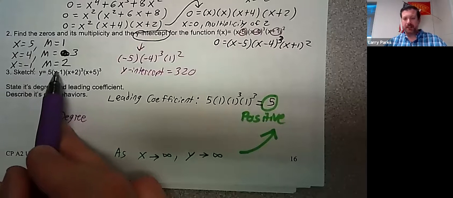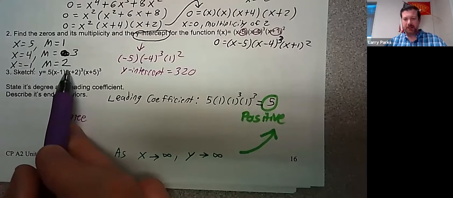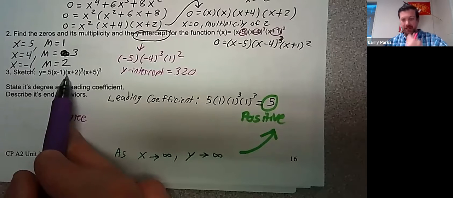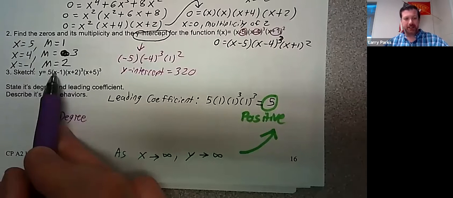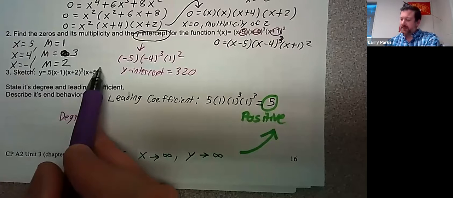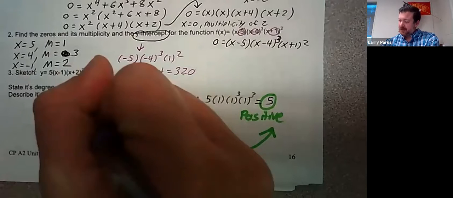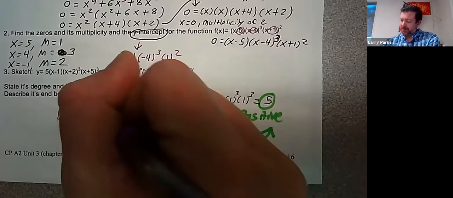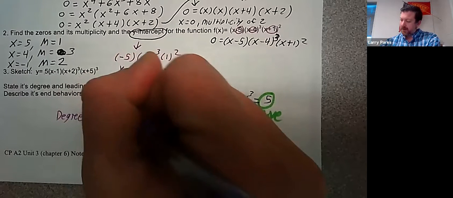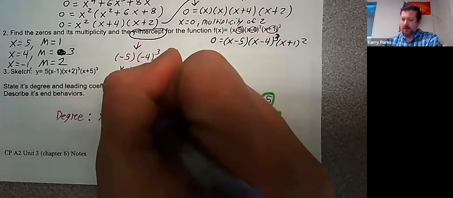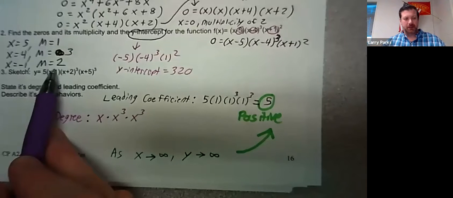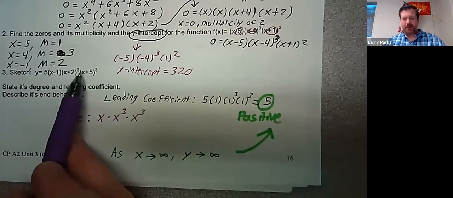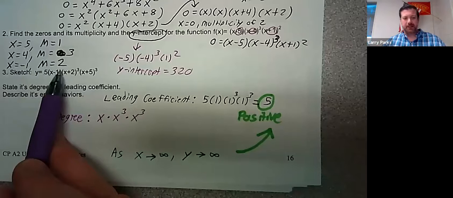Then we have x to the 1, x to the third, x to the third. So 1, 4, 7. This would be 7.